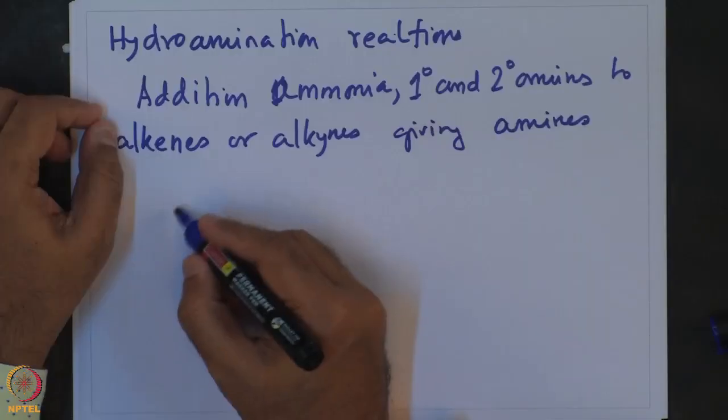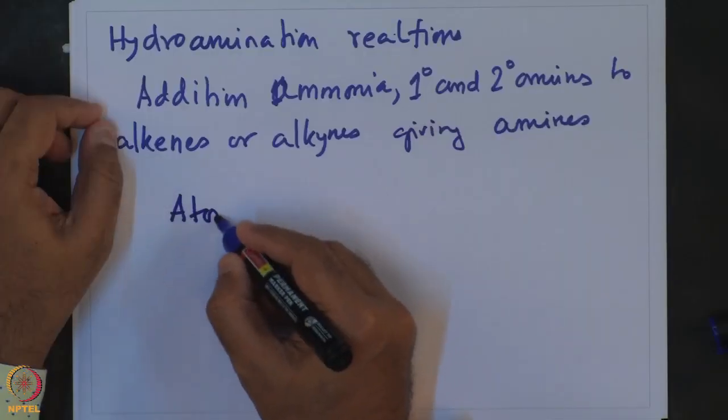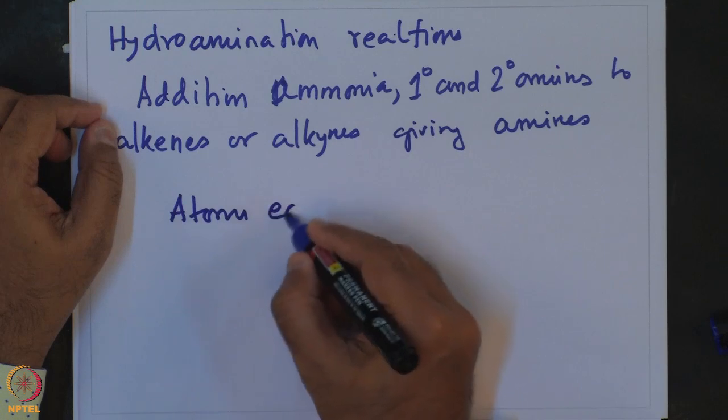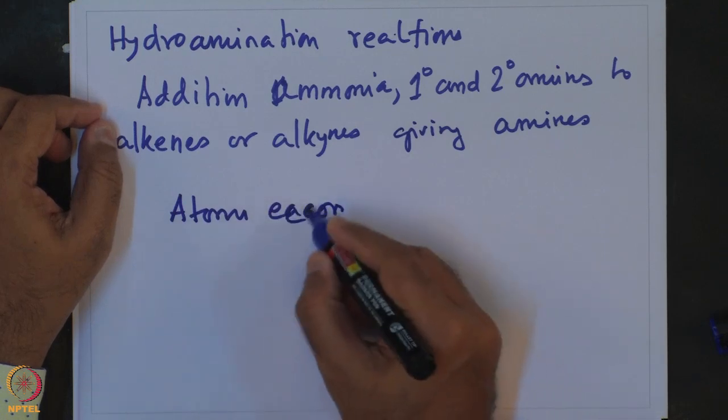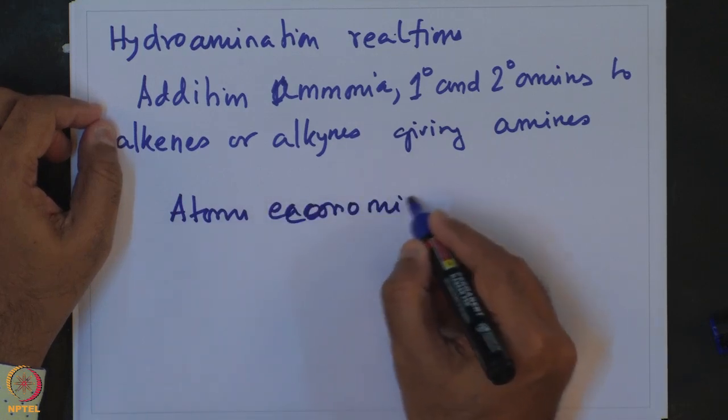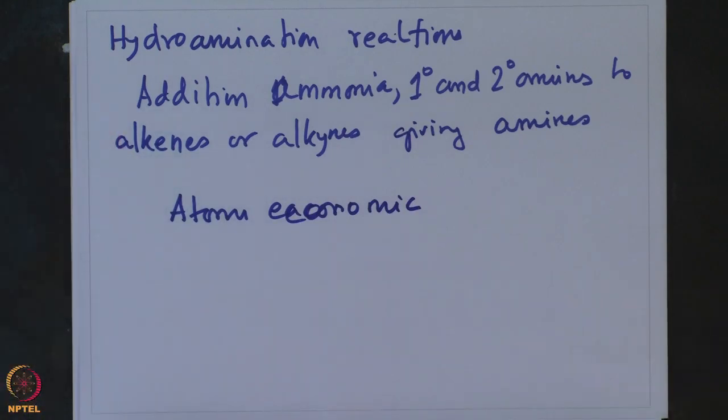Now, this reaction has significant interest. Not only does it arouse academic interest, but also industrial interest, and this is primarily because this reaction is an atom economic approach, which means that there are no side products produced.